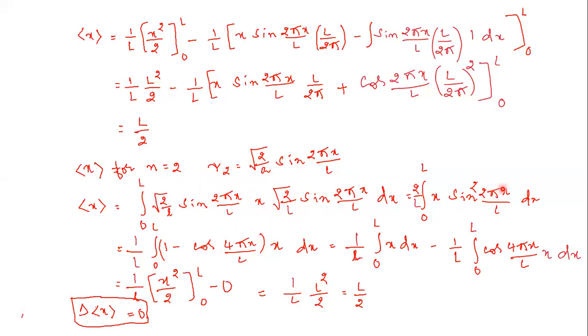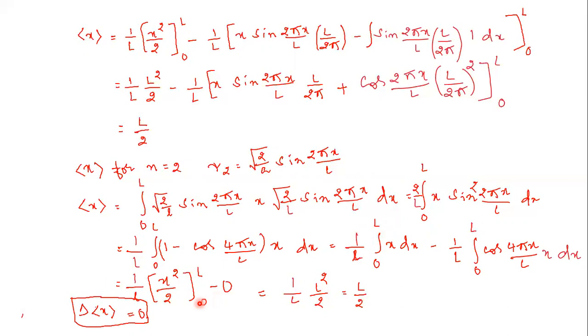In this case, theta is 2 pi x by L. So cos 2 theta will become 4 pi x by L, and multiply and do the integration separately. This whole term will become 0, and we are left with only this term. This term is 1 by L into the integration from 0 to L of x dx, which is x square by 2. You substitute the upper limit and lower limit for the value of x, then you will get L by 2.